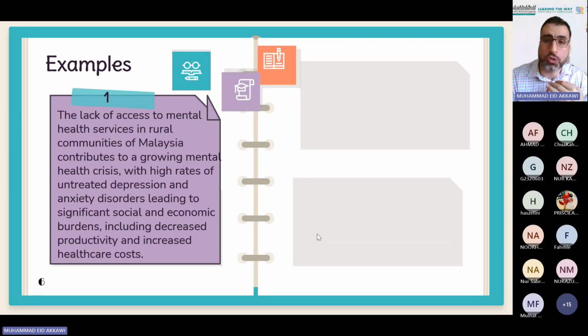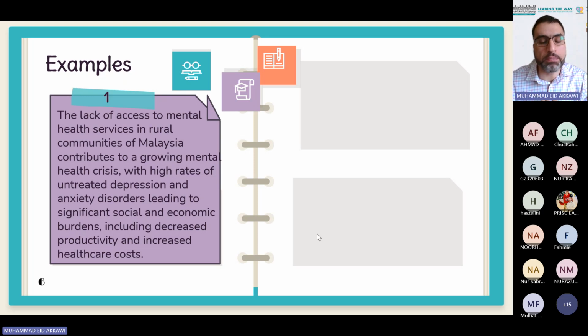So we are not talking about the effectiveness of the mental health services, or what benefits will be gained by those who have these services. No, we are talking about the accessibility of these mental health services. Where exactly? In rural communities of Malaysia.